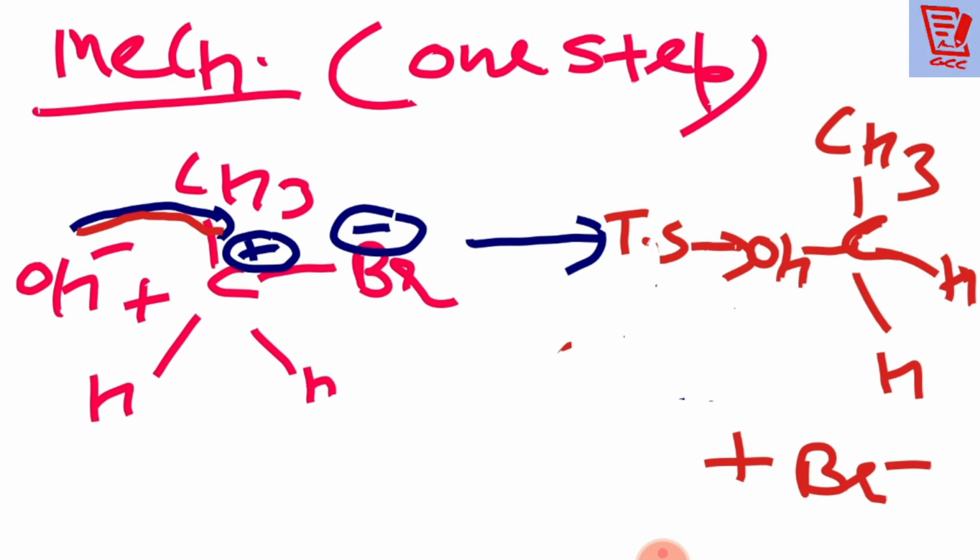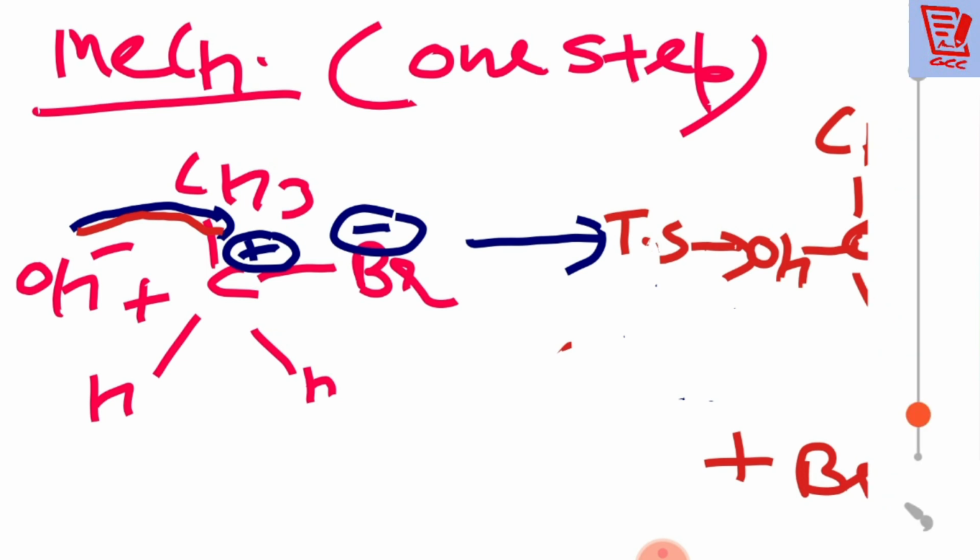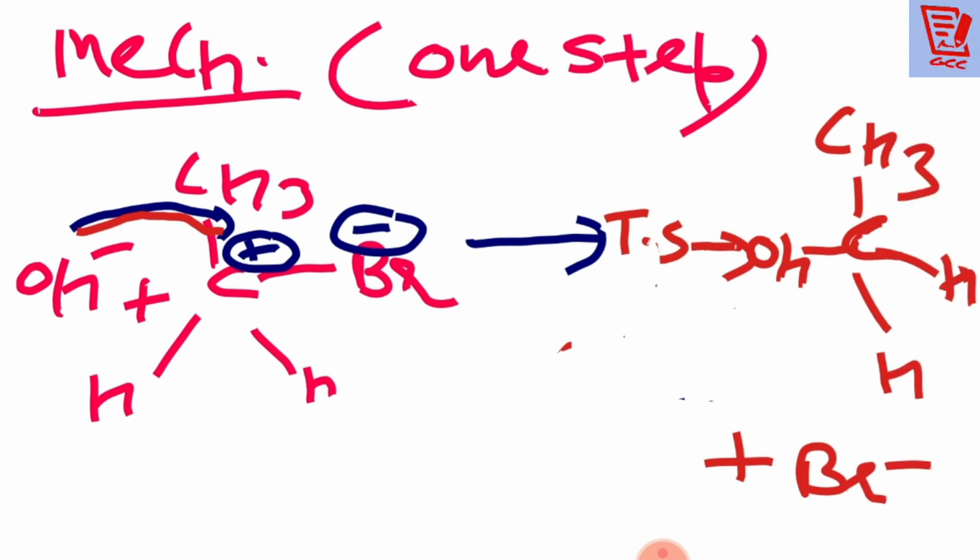And students, see it very carefully what I have done there. When this OH negative attacks over here, you can see the geometry or shape of this one is totally reversed, totally inverted.